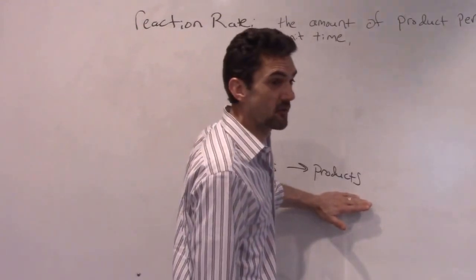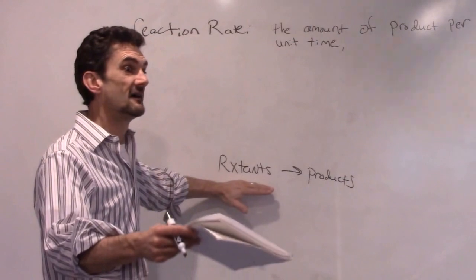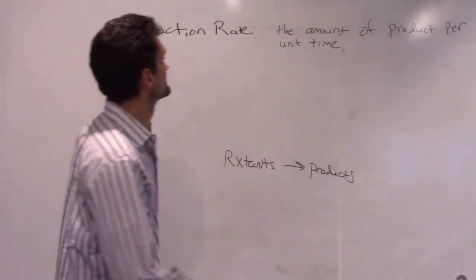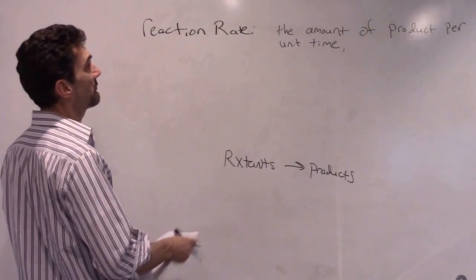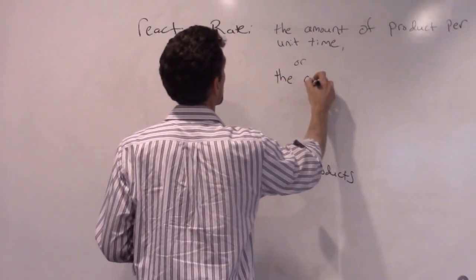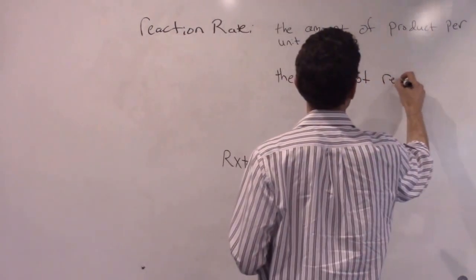The amount of products formed or the amount of reactants consumed. So the amount of products formed per unit time or the amount of reactants consumed.